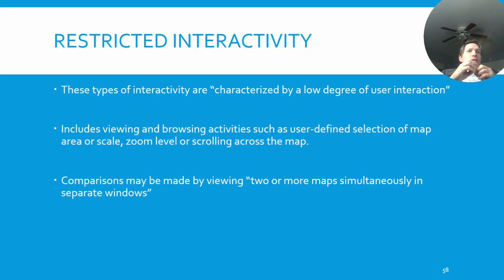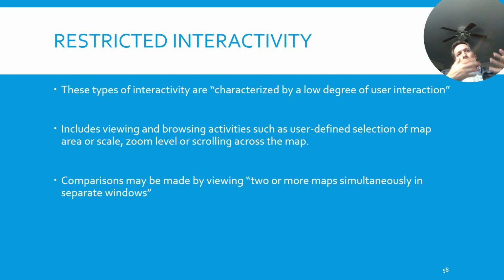And when we have that restricted interactivity, basically it's because we want a relatively low degree of interactions, and usually the restricted interactivity is going to be viewing, browsing, and maybe some level of zoom and scrolling across the map.